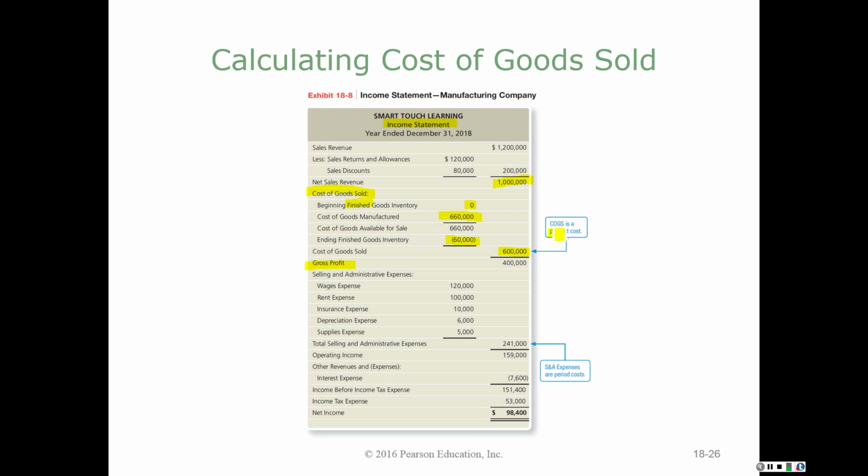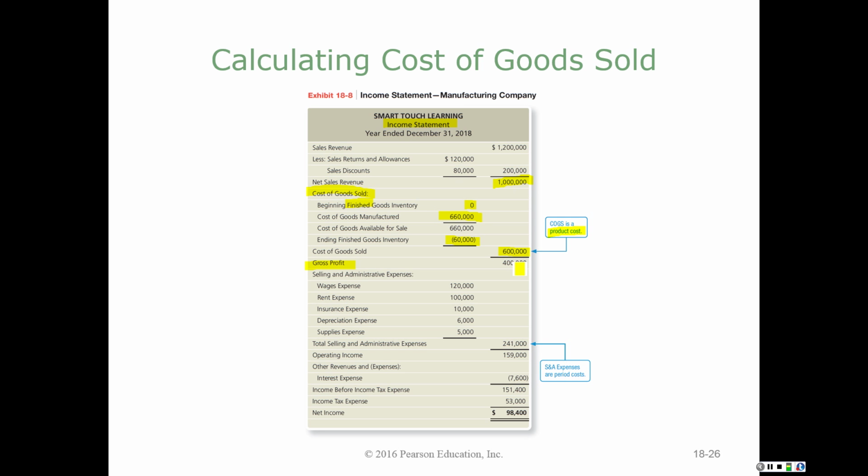This is a product cost that has now moved off of the balance sheet onto the income statement. Now the $600,000 in cost of goods sold is related to the $1,000,000 in sales. So my expenses for inventory match my sales of inventory. So now I have gross profit.